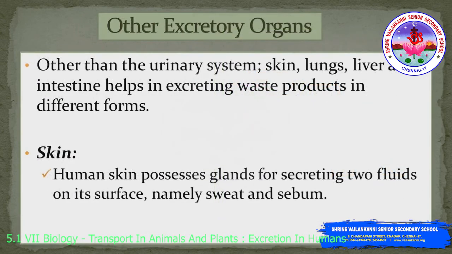So now we shall study the other excretory organs. Other than the urinary system, skin, lungs, liver and intestine help in excreting the waste products in different forms. So first amongst it is the skin. Human skin possesses glands for secreting two fluids on its surface. The two fluids are the sweat and the sebum.